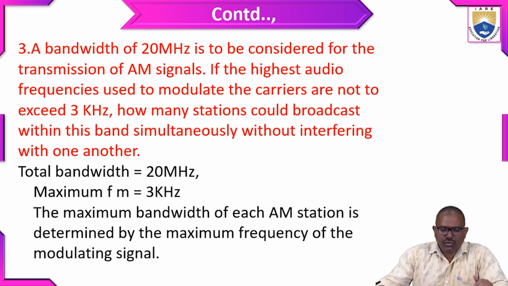For this problem, first we write the given data. The total bandwidth is 20 megahertz and maximum fm, the frequency, is 3 kilohertz. The maximum bandwidth of each AM station is determined by the maximum frequency of the modulating signal.